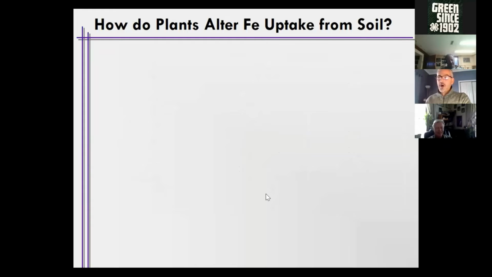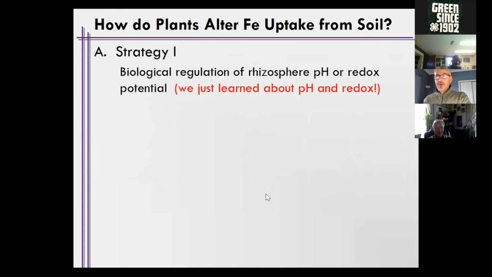So how do plants alter iron uptake from soils? There are 2 strategies. Under strategy 1, there are 2 sub-strategies: either biological regulation of the rhizosphere pH, that's 1, or regulation of the rhizosphere redox conditions, that's 2.